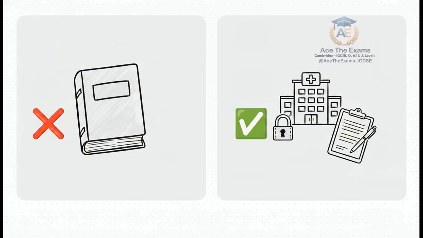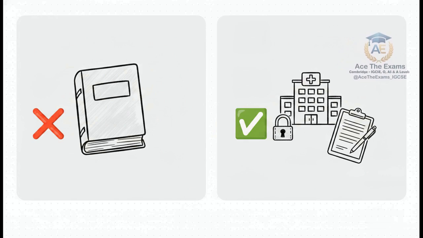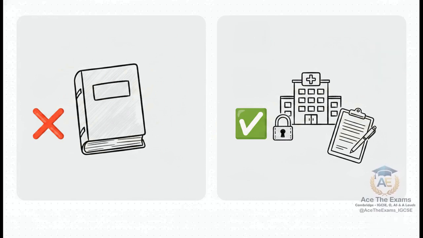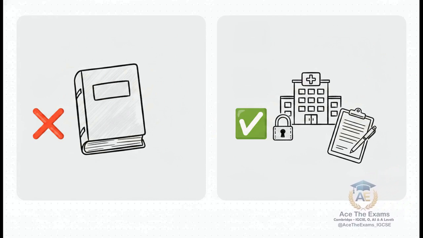It must specifically address the context. You need to be writing about patient data, confidentiality, medical staff access rights, or the hospital's internal network boundaries. Context is literally everything. If you give a perfect definition of a firewall, but don't explain how the hospital uses it to protect patient records, you will score 0 marks for application. Let that sink in. 0 marks for knowing the fact, because you didn't apply the context.